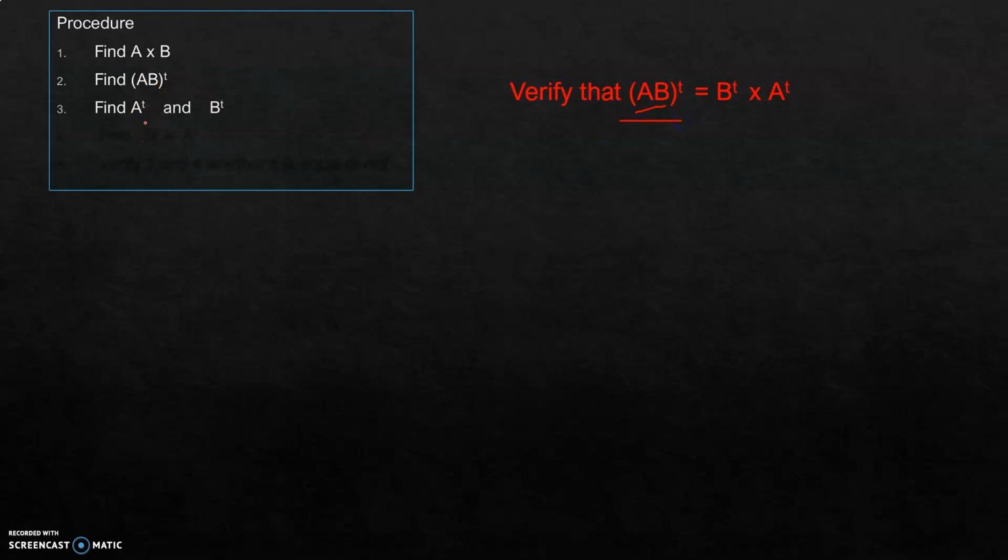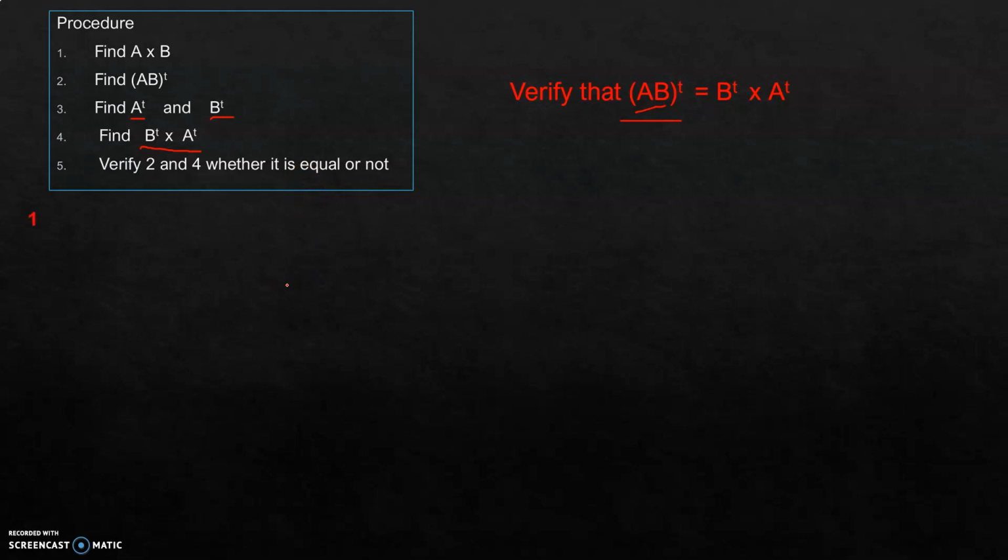Third, we need to find the transpose of A and the transpose of B. Fourth, we need to find the product of B transpose and A transpose. Then the last stage, we need to verify whether both the answers are equal or not. So let's see how to do it.